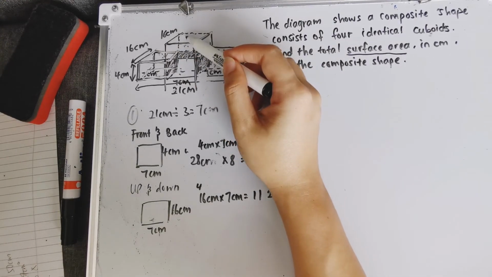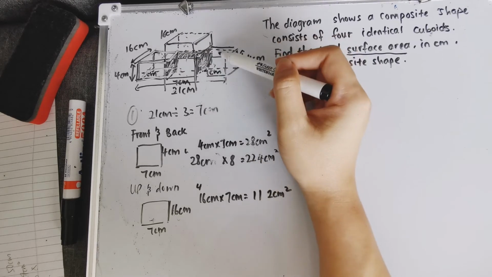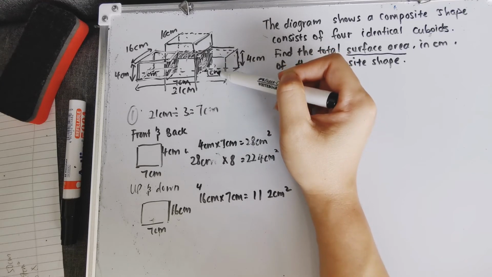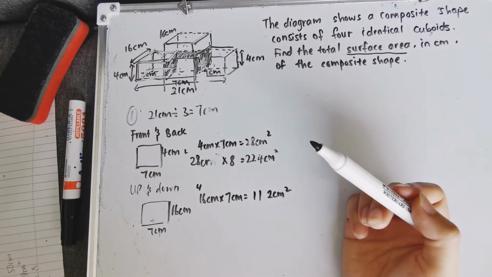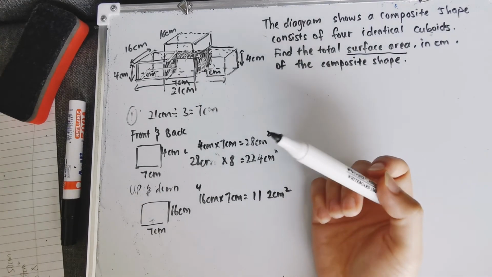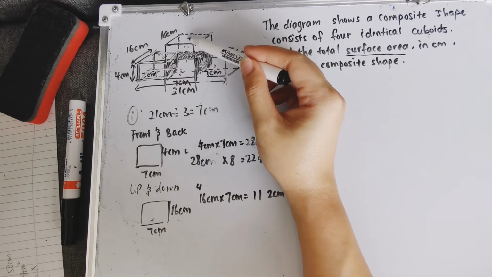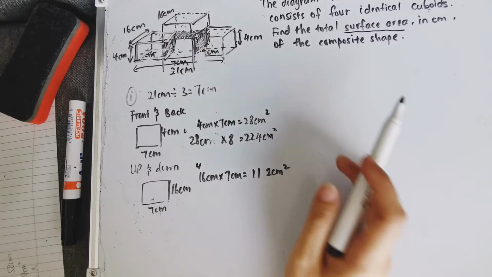1, 2, 3, 4, 5, 6. Okay. Are you sure? So we calculate one more time. 1, 2, 3, 4, 5, 6. So we only have 6.